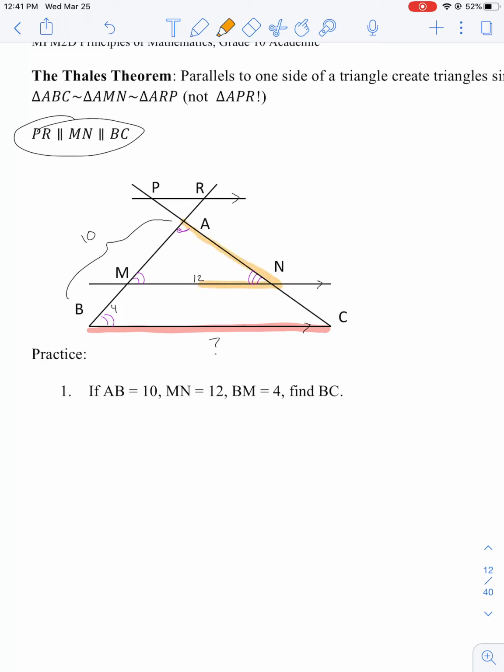It's almost backwards here, but there's my upside down and backwards F. Interior angles in an F pattern are equal to each other. So therefore I proved that triangle AMN is similar to triangle ABC by angle, angle, angle.